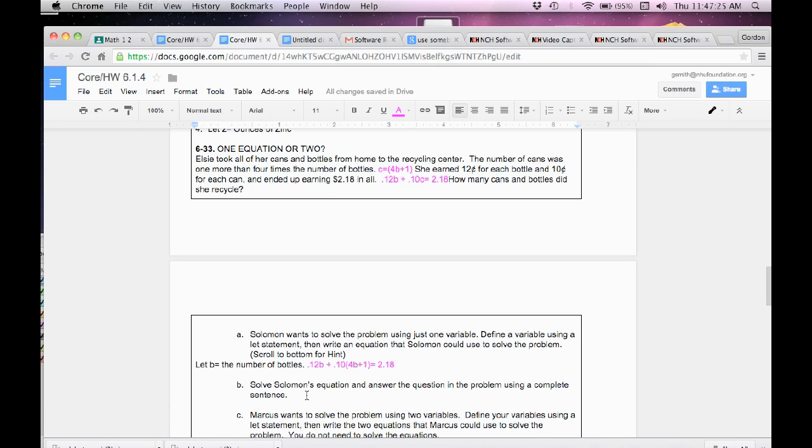Now we need to solve Solomon's equation and answer the question in the problem using a complete sentence. So I'm going to take Solomon's equation, which is a great equation because it puts the entire thing as one variable instead of two. And here will be the steps to solve it. First thing I'm going to do is distribute this 0.10.